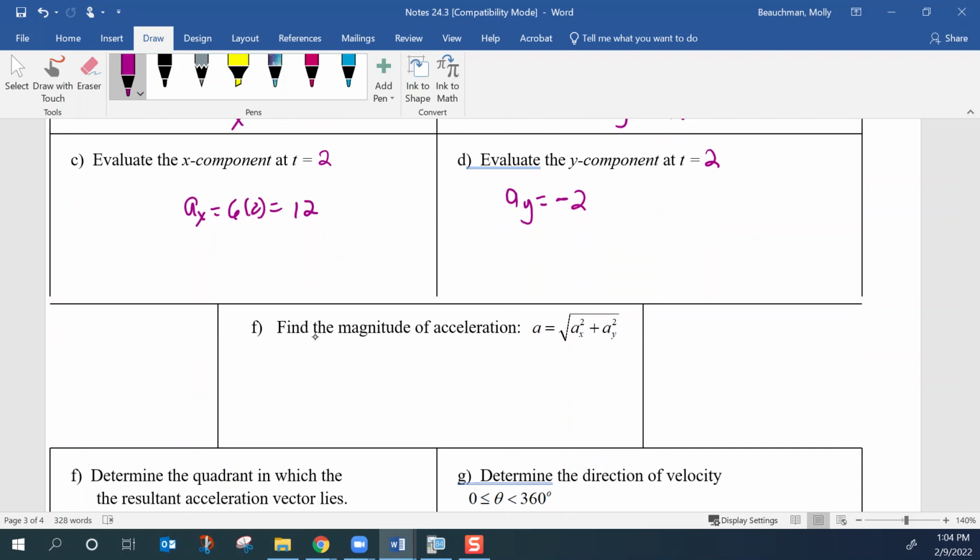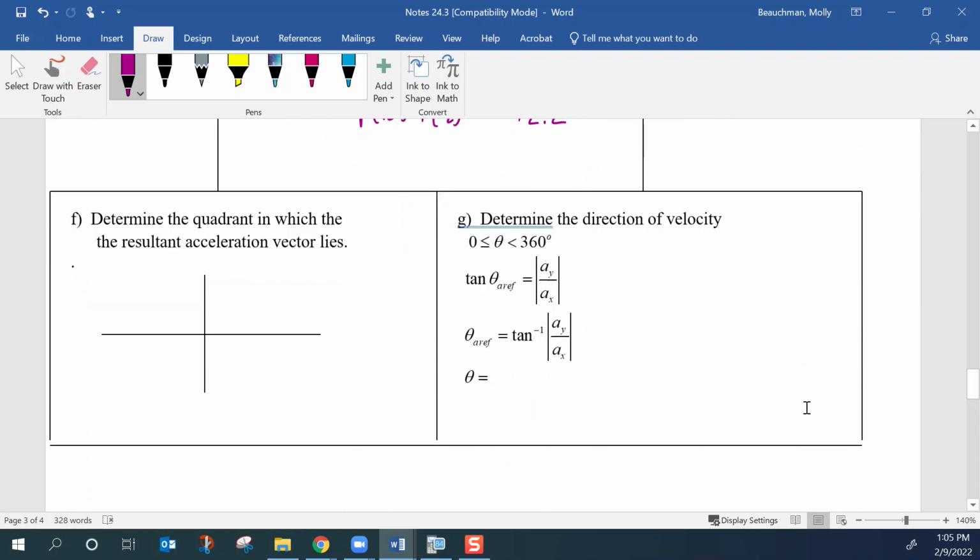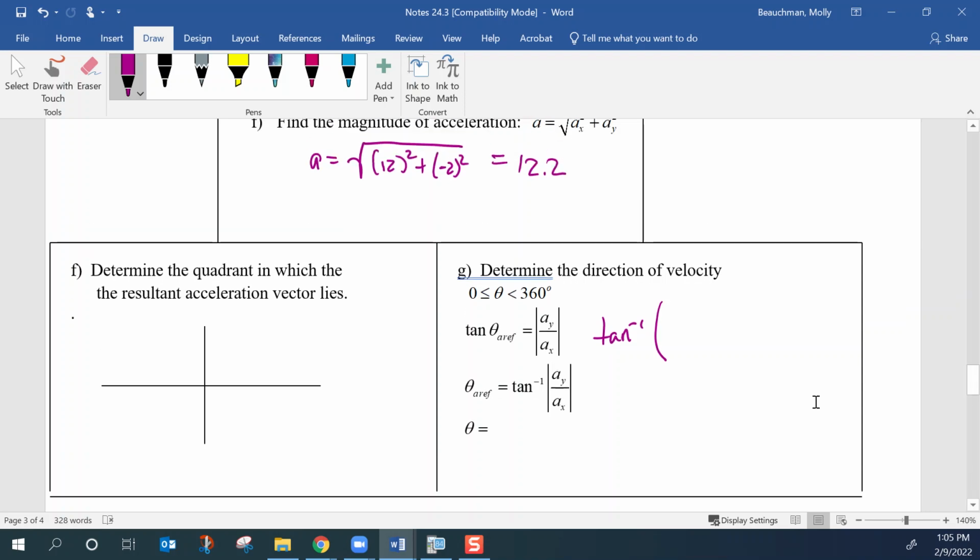Now we can find the magnitude, the resultant. That's going to equal the square root of 12 squared plus negative 2 squared. This all looks so familiar, which equals 12.2. So that's the magnitude of acceleration. And then the reference angle is going to be the inverse tangent of the absolute value of the y component divided by x.